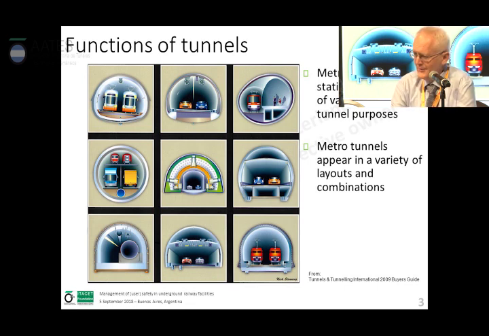As you are well aware, and you have heard in yesterday's presentations, there are various objectives of tunnels, and of course this leads each time to some individual design. This is true for metro tunnels itself as well. Metro tunnels appear in a variety of layouts and combinations, so there is not just one system in the world, but there are hundreds of different systems, and this applies to the safety concepts of ventilation as well.